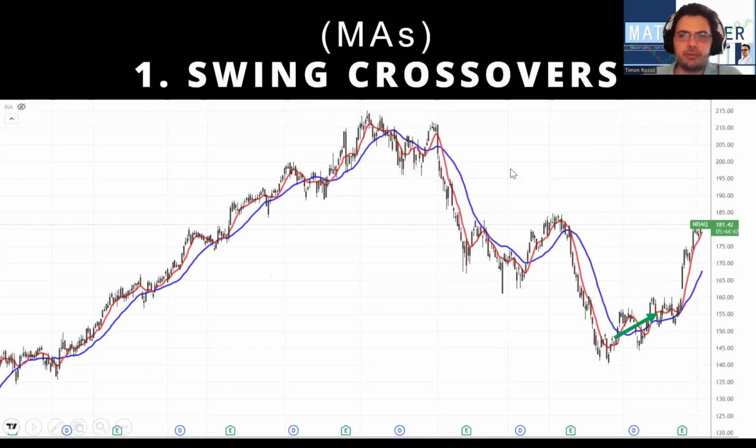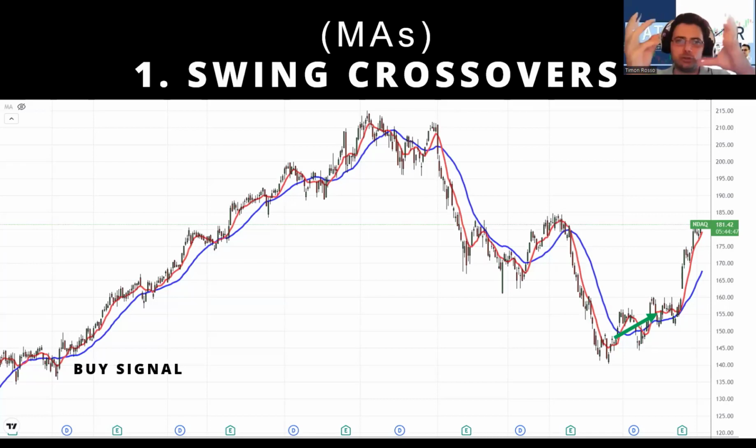Swing crossovers. So here's the first trading strategy. I don't know what has happened over the last couple of years, but swing trading has been called something different than when I started. From 2003 up until 2014, 15, swing trading was basically two moving averages that have crossed, and you constantly swing: buy a market, then sell, then buy, then sell, swinging your positions from long to short to long to short.